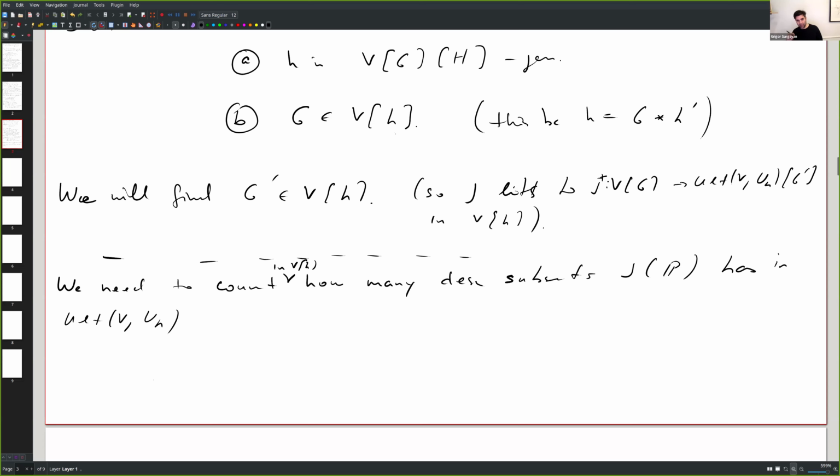The counting has to happen in V[H]. We need to count the number of dense subsets of J(P).